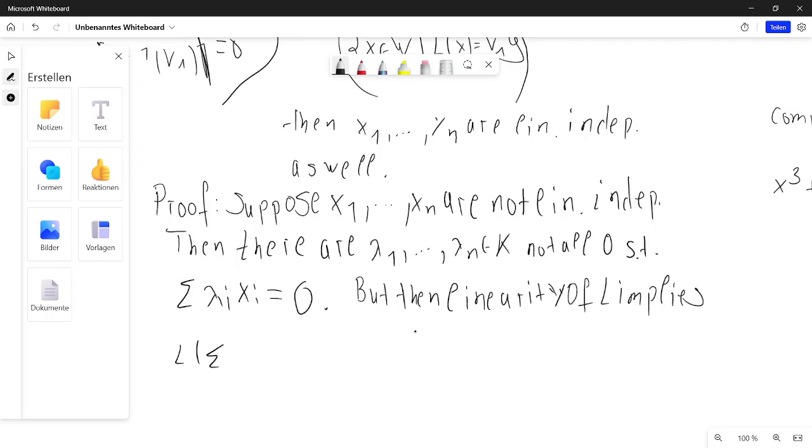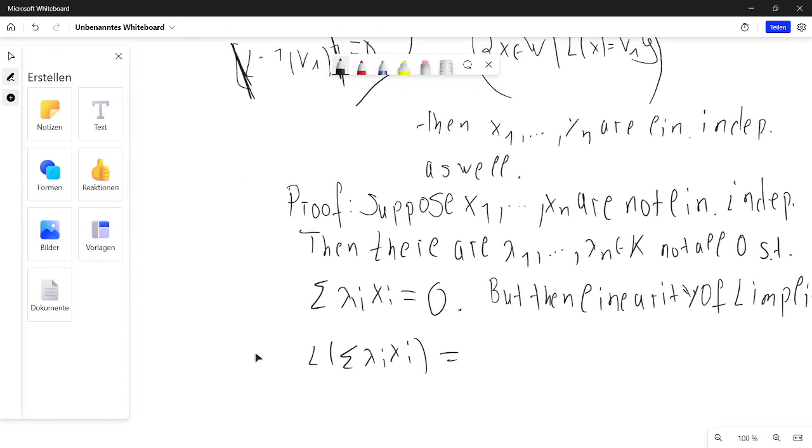And you recall one of our very first results on linear maps was just that L of 0 was 0, right? L of 0. Okay. And then you apply linearity to obtain this here.